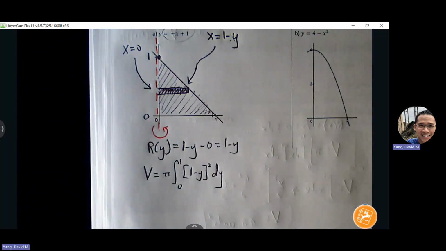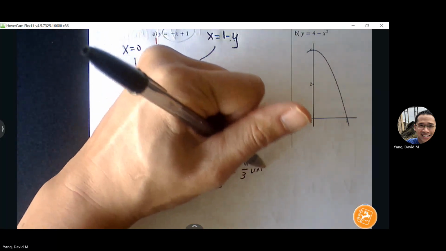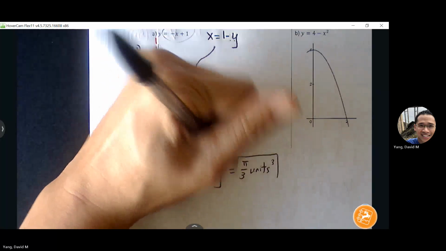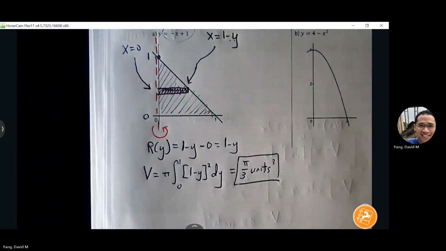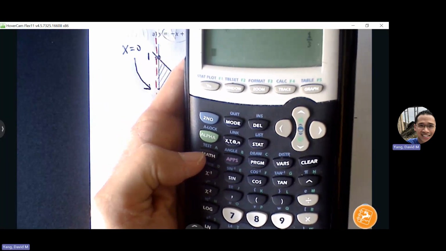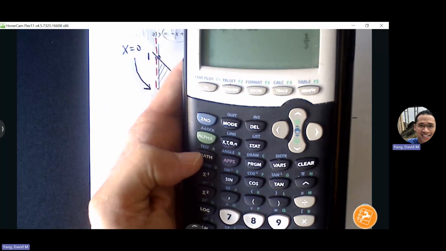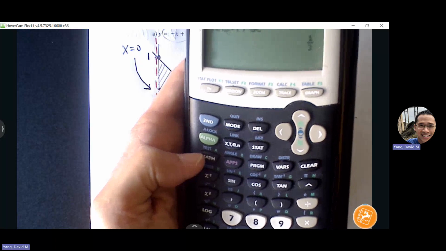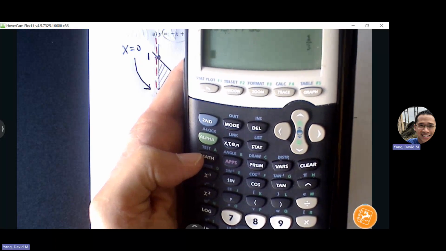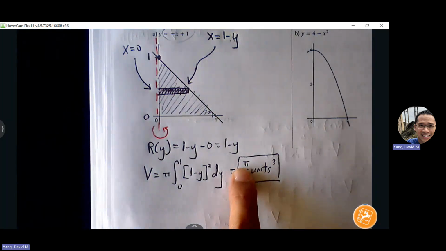Don't forget about the pi. If you hit math 1, it'll try to convert to a fraction. Sometimes if it can't, you just leave your answer in decimal form, round to 3 places, and then attach pi at the end.